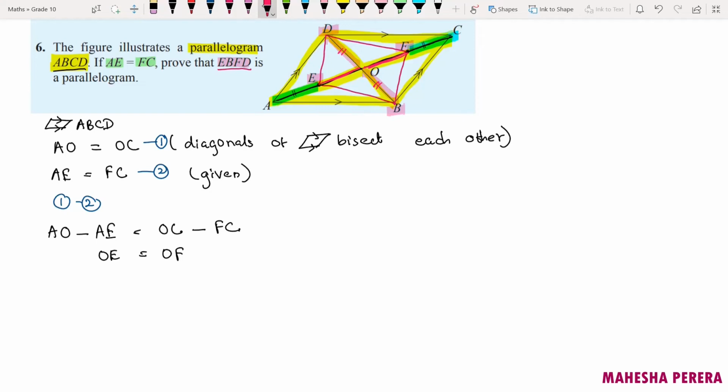And we have already proved that this length and this length are equal, right? So can you see? We have proved that the diagonals of this quadrilateral bisect each other. That means automatically this quadrilateral becomes a parallelogram, right?